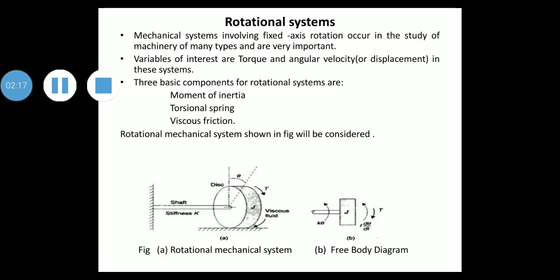Figure B shows the free body diagram of this rotational mechanical system.